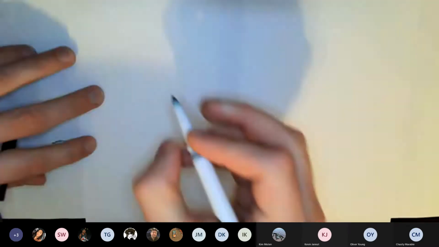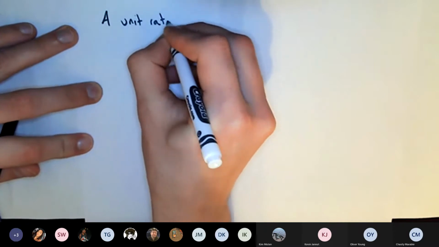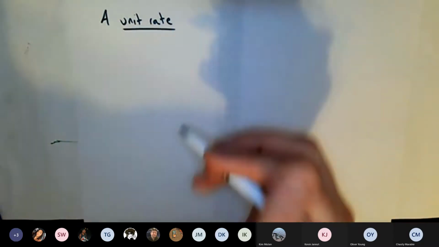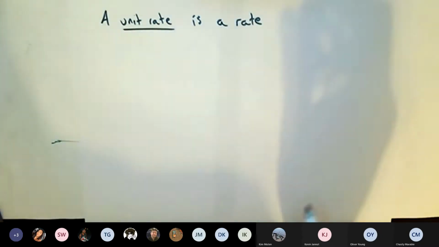So I'm going to get us caught up here with what we just did. This is a new definition here. A unit rate is a rate, first of all. They're still rates.